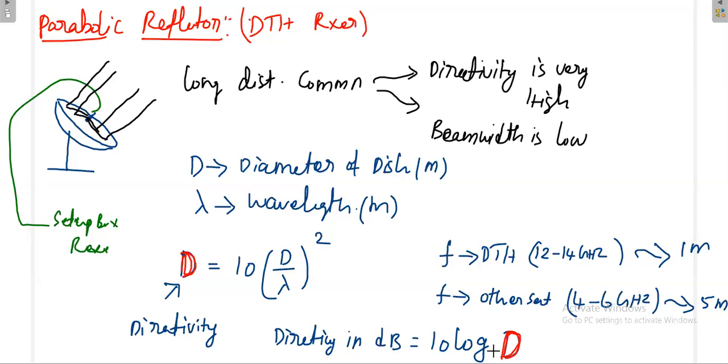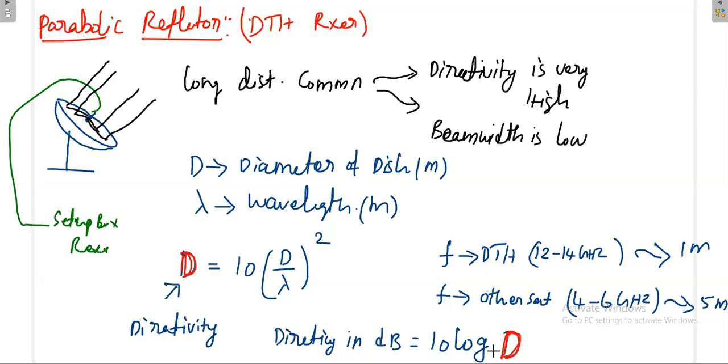Then also calculate the directivity for other antennas if possible. Now I will give you the directivity of lambda by 2 dipole, monopole and other antennas. Then compare the directivity of these antennas with the dish antenna and see how the directivity differs.